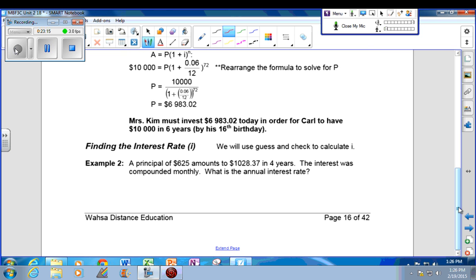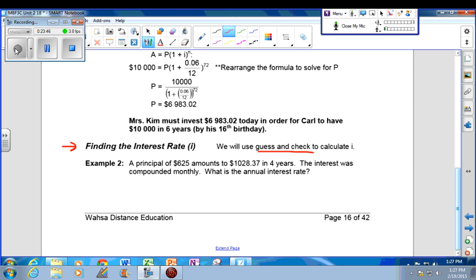Okay, in other words, solving this thing for I. Now the book says that there's a couple of ways to figure out I. There are some mathematical methods that will let you figure out I pretty directly, but, sorry to disappoint you, you're probably going to have to wait till you get to college or maybe grade 12 before we look at those methods. So we're just going to use what's called guess and check, and it's actually not so bad.